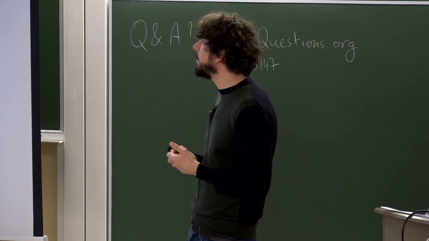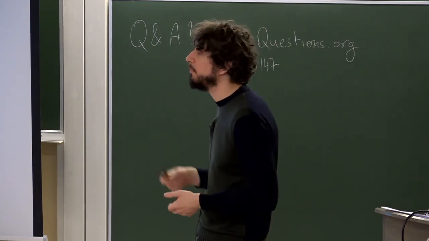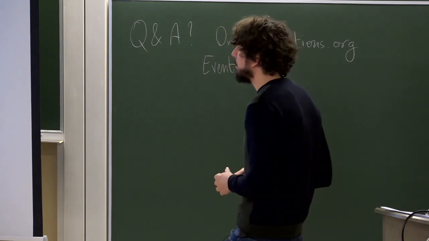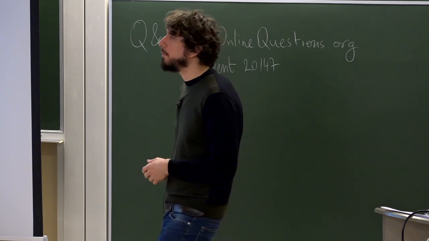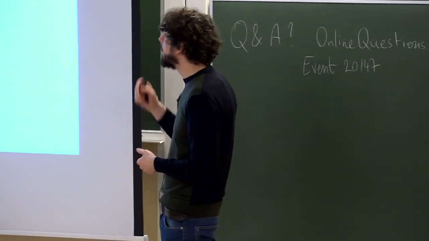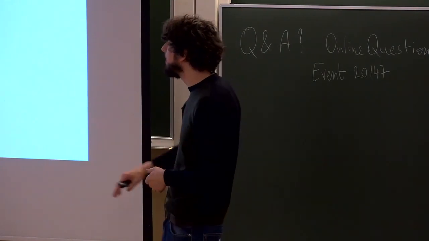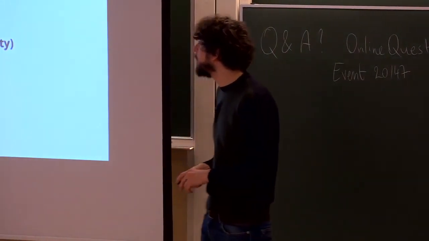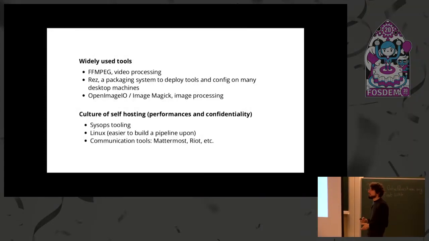So they like to have everything hosted locally because they can have better performance and a sense of security. The result is that they deploy a lot of software themselves, and so they use CSOPS tooling and communication tools like Mattermost, Riot, etc. When they can, they prefer to use Linux for their workstations because it's much more pluggable.